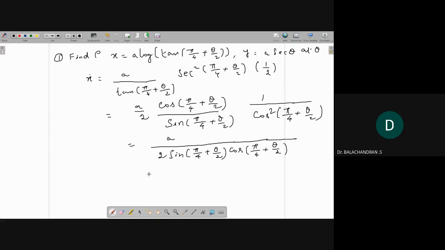Now, this is equal to a by 2 sine A cos B. You can write what? Sine 2A. Sine of A plus B. So sine of A plus B, that is pi by 4 plus theta by 2 plus pi by 4 plus theta by 2.